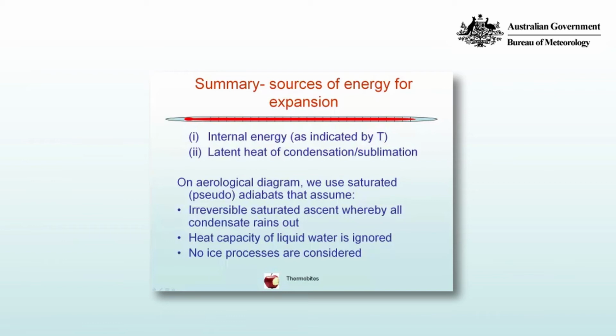But now there's latent heat of condensation and sublimation. So there's changes of phase. On the aerological diagram, we will use saturated pseudo-adiabats that assume that it's irreversible saturated ascent, whereby all the condensate rains out, so we don't have to worry about the heat capacity of liquid water, and there are no ice processes involved at all. So there's no hail jump.